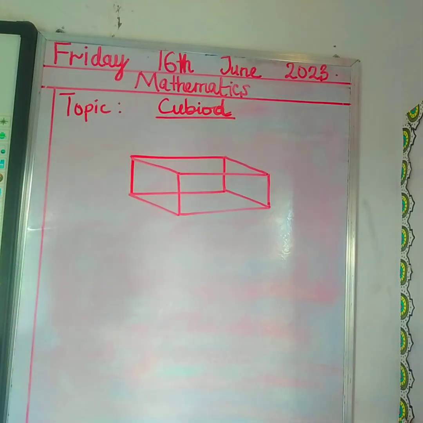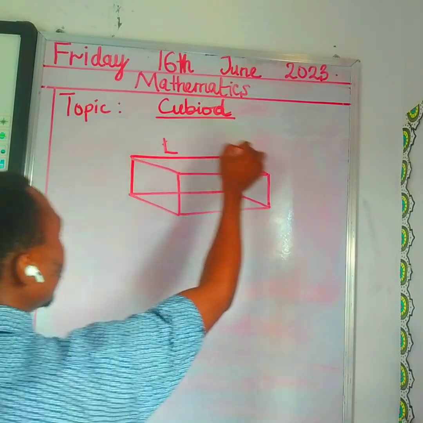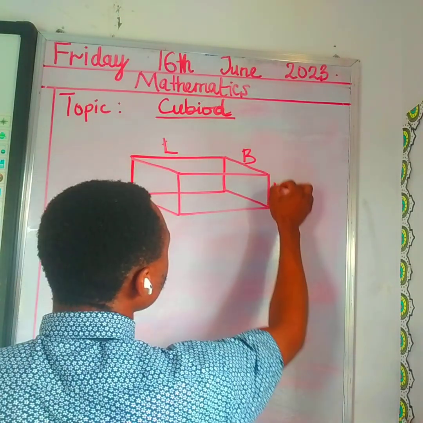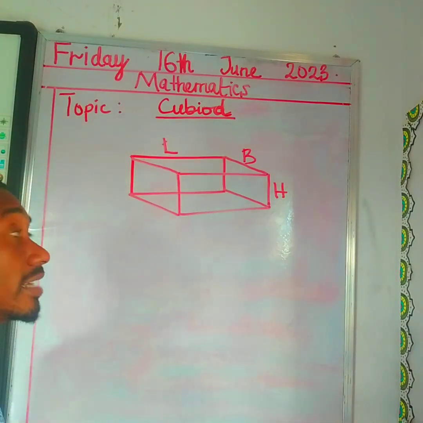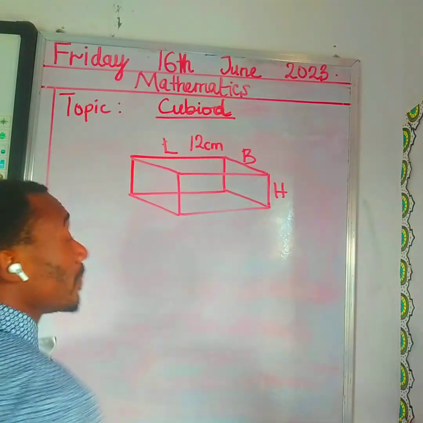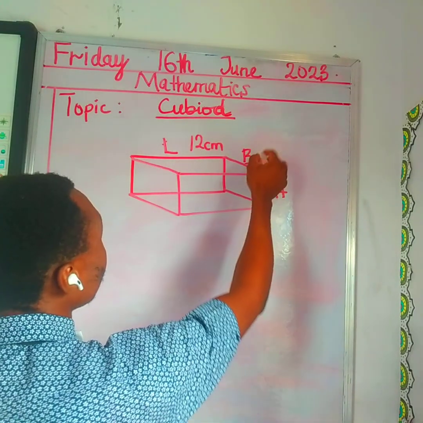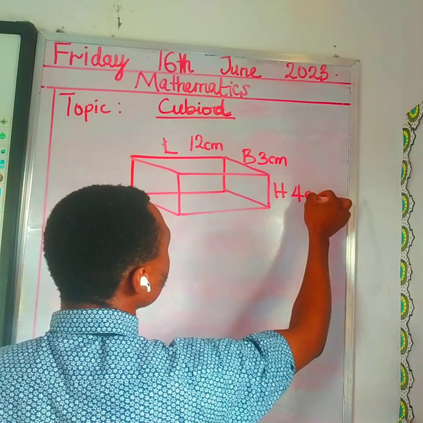Now, that is a cube. We have our length as this place, this is our breadth, and this is our height. Let's assume that we are given the length of 12 centimeters, the breadth of 3 centimeters, and the height 4 centimeters.